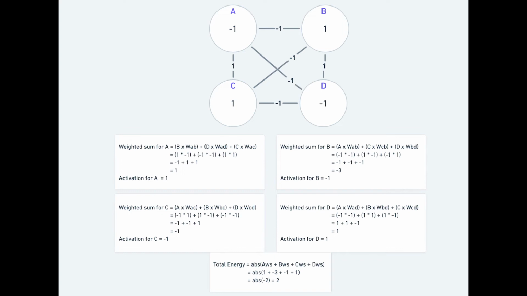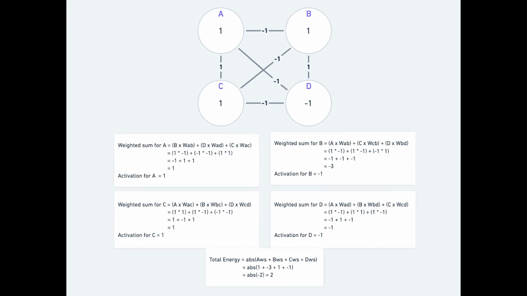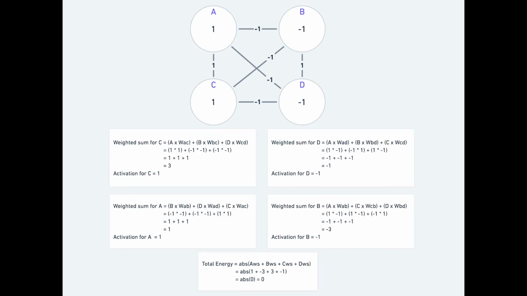Let's update neuron A for now. After flipping neuron A, the total energy for the network is still 2, but now it looks like only neuron B is unstable. Let's flip its bit. After flipping neuron B, we have now returned to the values from the original network. The network has evolved to a stable state by descending from a high energy state to a low energy state.